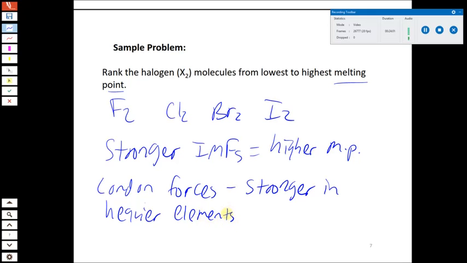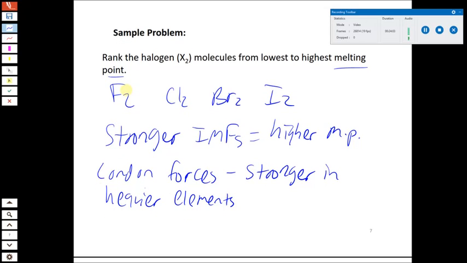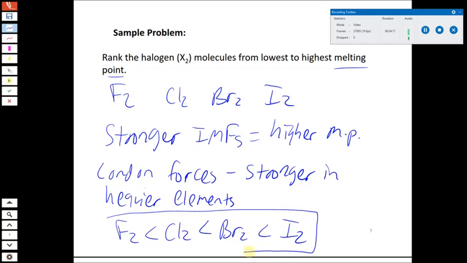And so that means, just like in the noble gases, the ranking of the halogens, for either boiling point or melting point, would be from lightest to heaviest. So F2 is going to have the lowest melting point, followed by Cl2, followed by Br2, followed by I2. Same thing, whether this is melting point or boiling point, it would be the same trend.